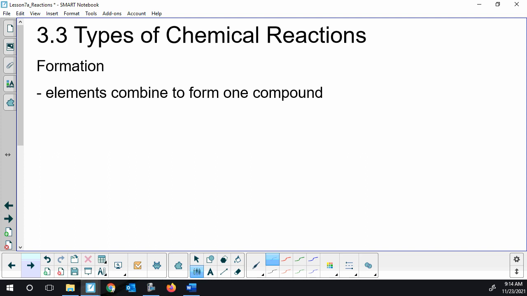The format of all formation reactions is that you have elements. So we just talked about those. They could be metal elements or non-metal elements, and they make a compound, either an ionic compound or a molecular compound.